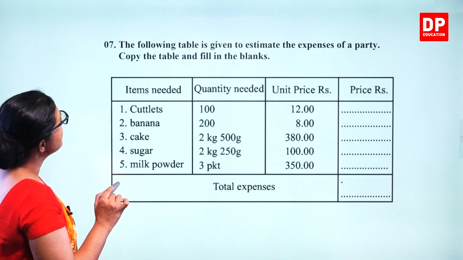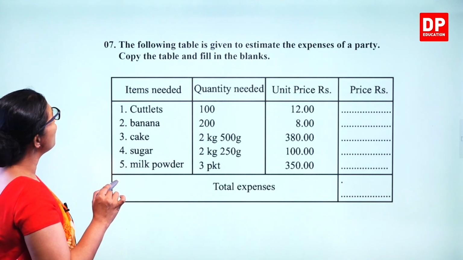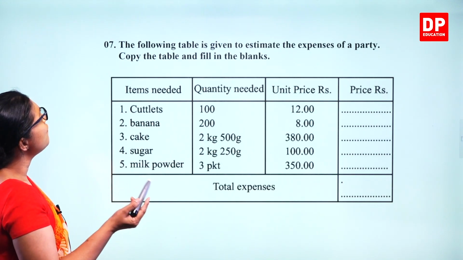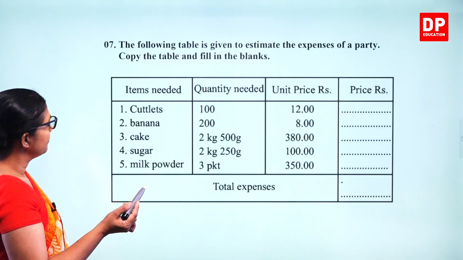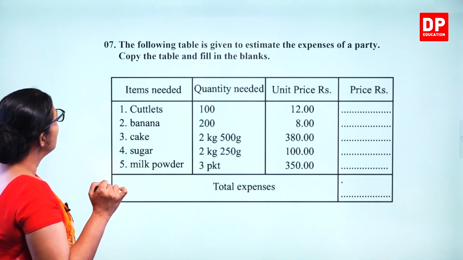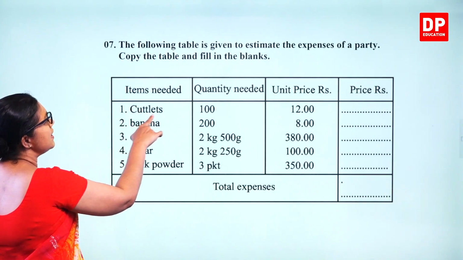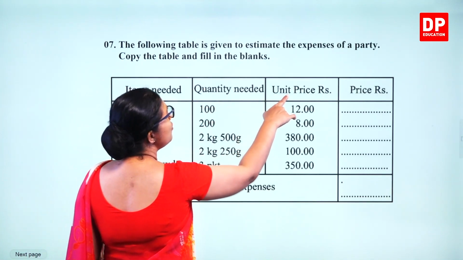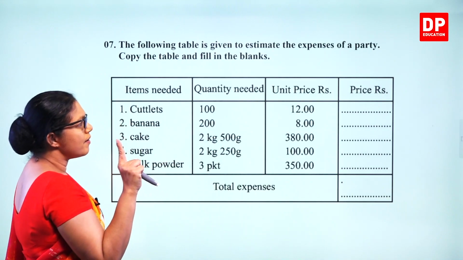The following table is given to estimate the expenses of a party. Copy the table and fill in the blanks. So we can do it here. Item needed, quantity needed and unit price. Unit price means for one item.